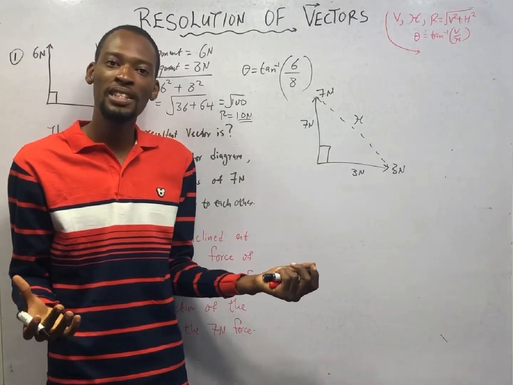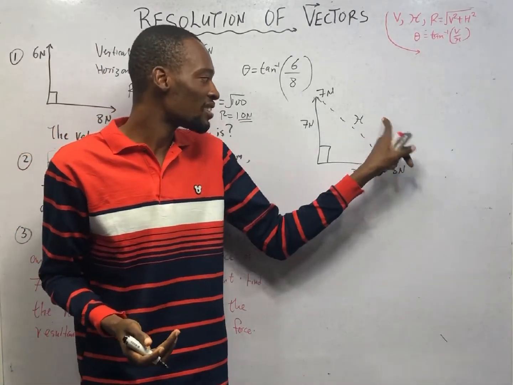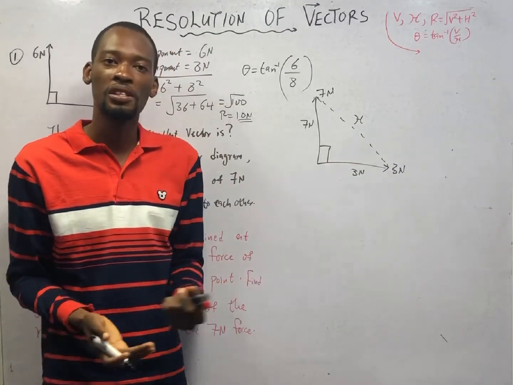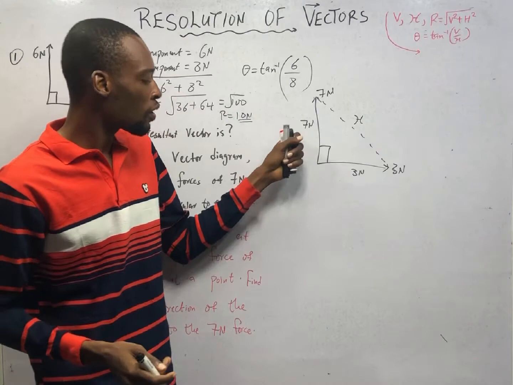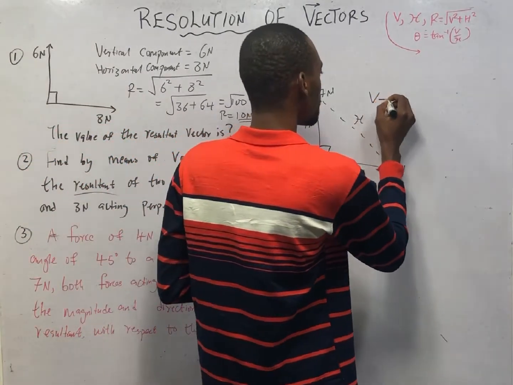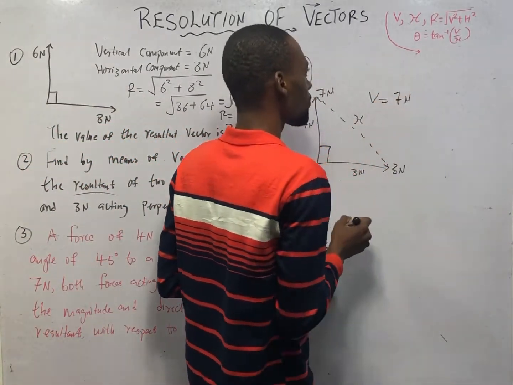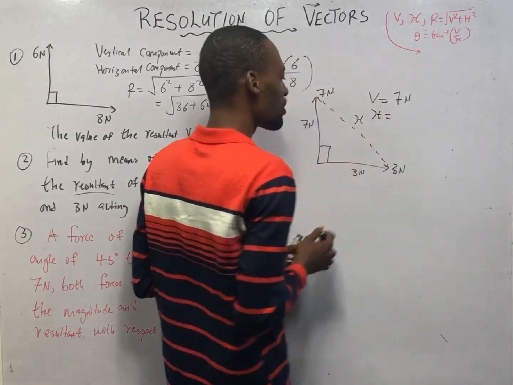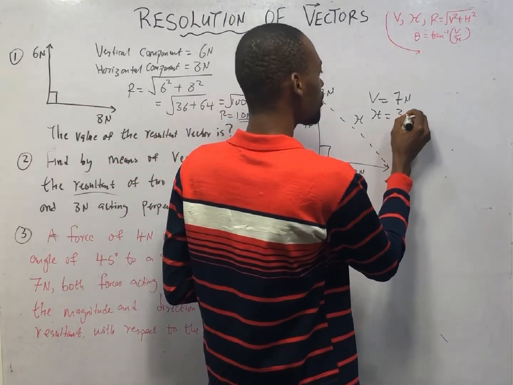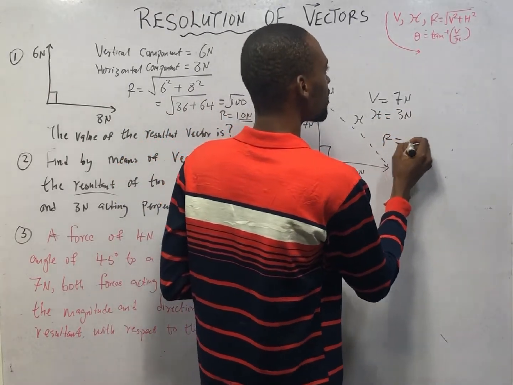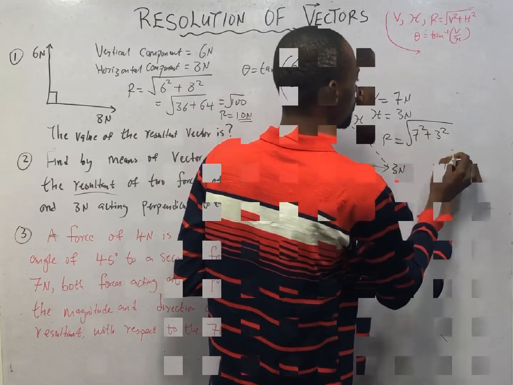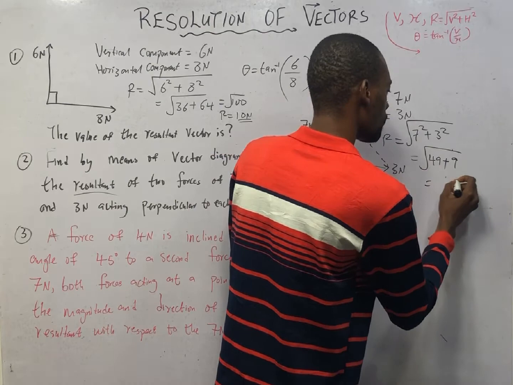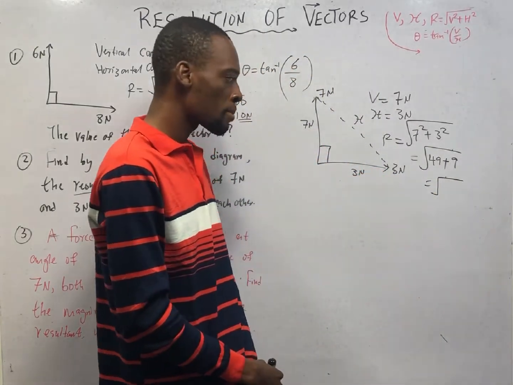So that is basically the same thing, where 8 squared is 7 squared plus 3 squared. It's the same thing we are doing. But for us, the vertical component is 7 Newton and the horizontal component is 3 Newton. So resultant is equals 7 squared plus 3 squared. So 49 plus 9, 58.